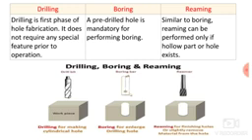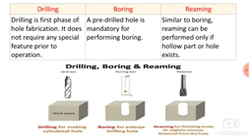Obviously you can perform a centering operation before the drilling operation to get a precise location, but that is not compulsory. So drilling is the first phase of hole fabrication. It is the start of the fabrication process, or you can say the machining process, and it does not require any special feature prior to the operation.